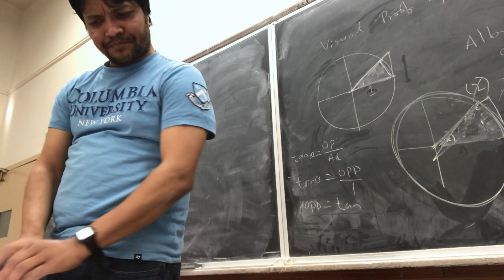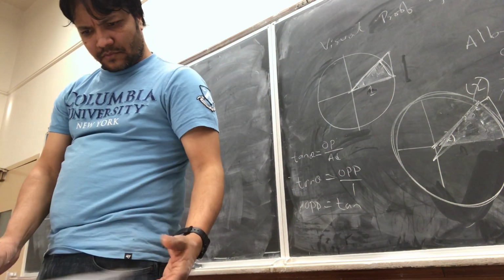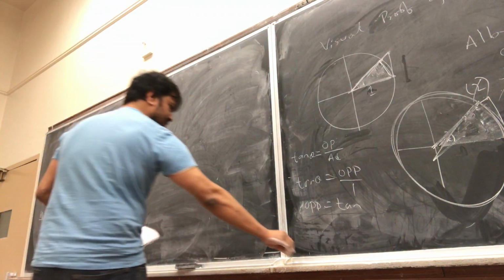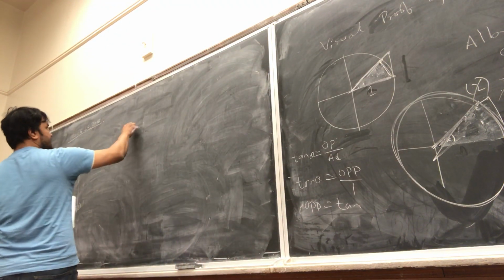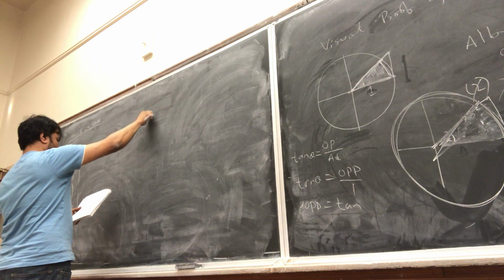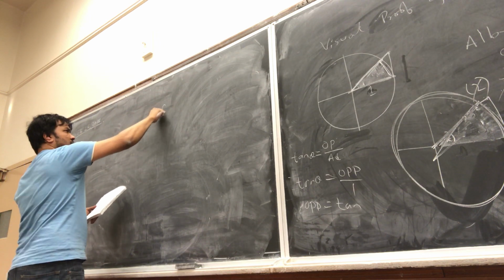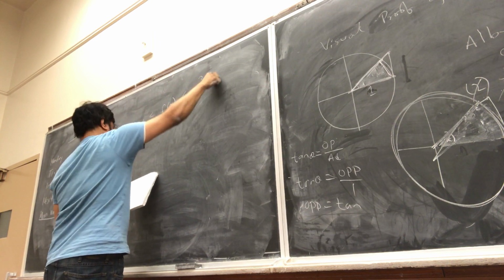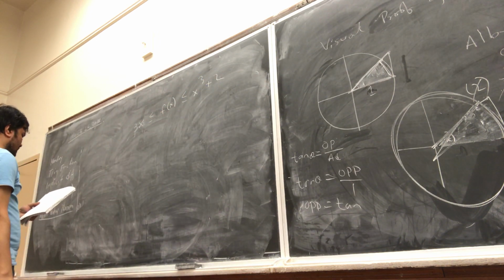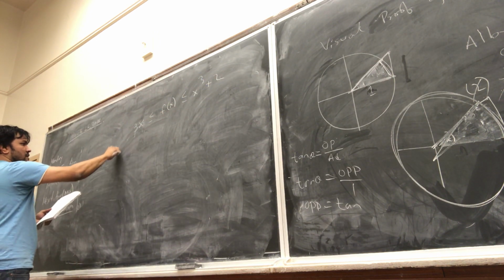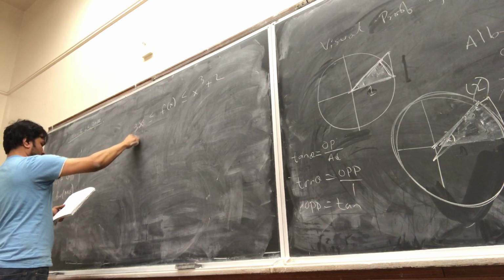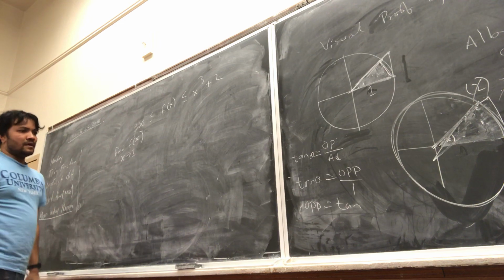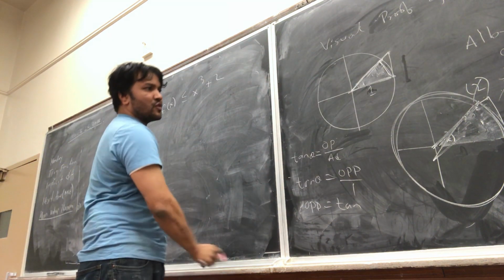Solve this problem: 3x is less than or equal to f of x, which is less than or equal to x cubed plus 2. Find the limit of f of x as x goes to 1. Do this one. Let me write a few more over there.